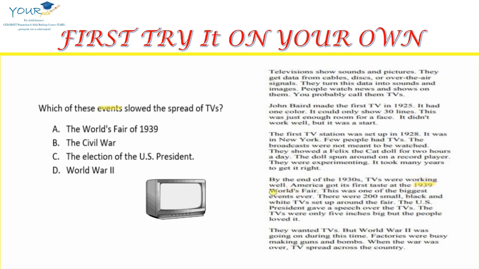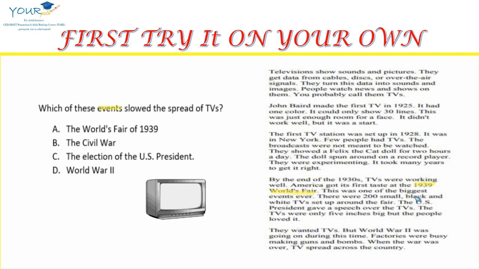We're going to continue to read this passage because we want to know what's going on around this particular event. Here we go. This was one of the biggest events ever. There were 200 small black and white TVs set up around the fair. The United States President gave a speech over the TVs. Though TVs were only 5 inches big, the people loved it.